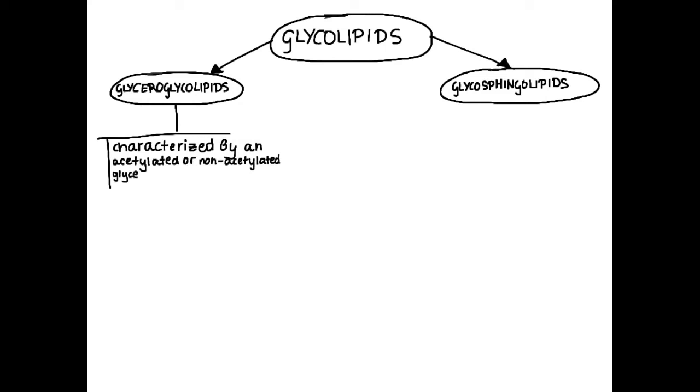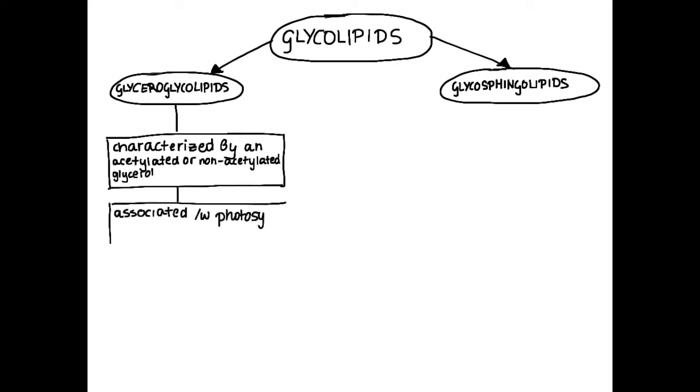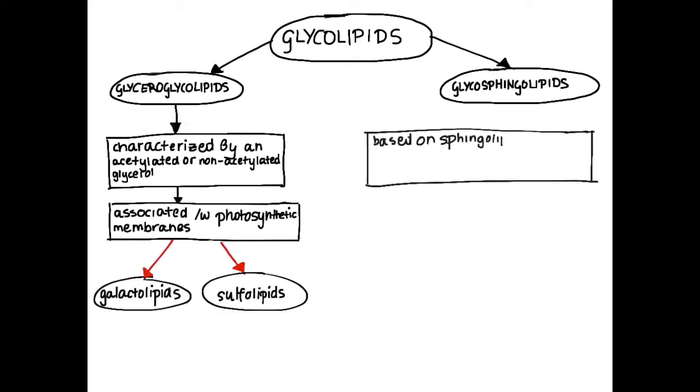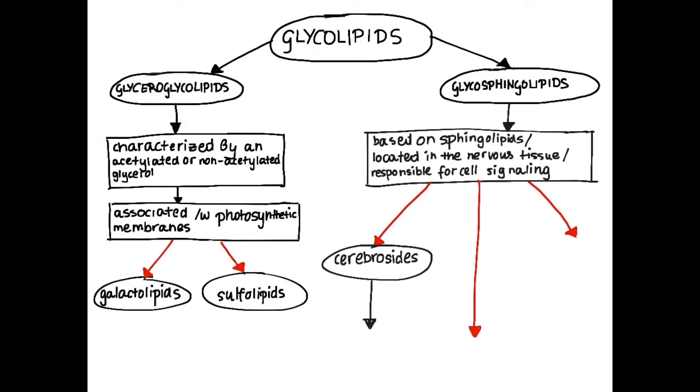Glycolipids play an important role in several biological functions, such as recognition and cell signaling events. Here I have listed some types and subtypes of glycolipids like glyceroglycolipids and glycosphingolipids.